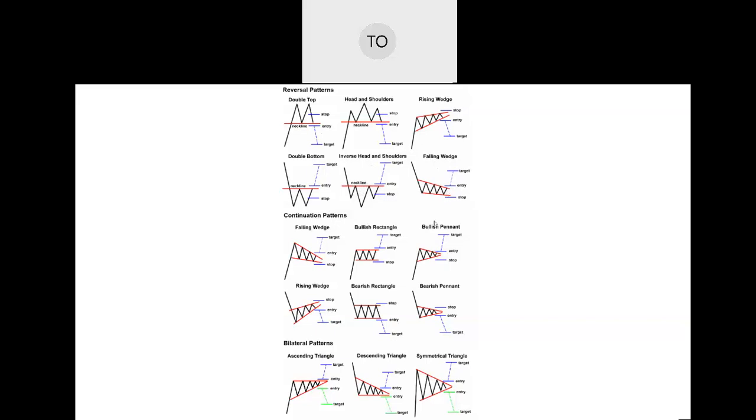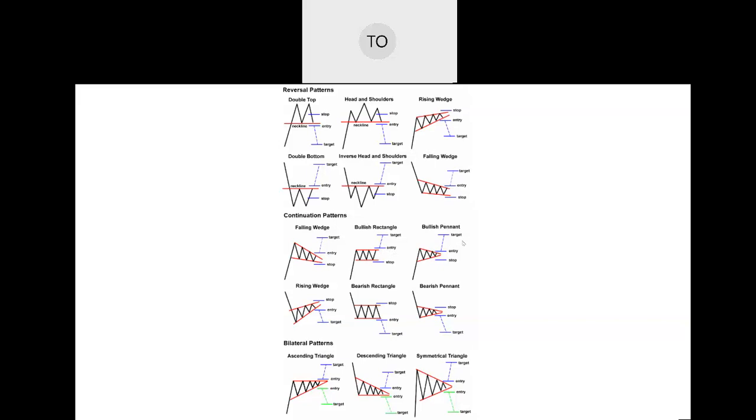However, in between, if we are not at the top, neither are we at the bottom, then you look for a continuation pattern. The more common continuation patterns are the ones in the middle here, where we have a falling wedge, a bullish rectangle, which is pretty much a breakout. I guess all these are breakouts anyway.